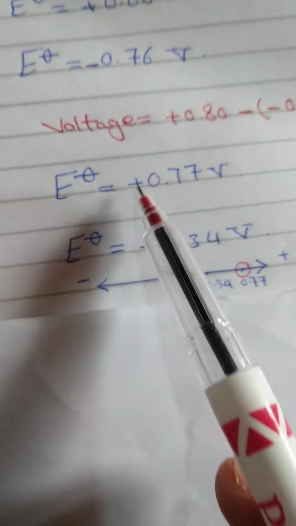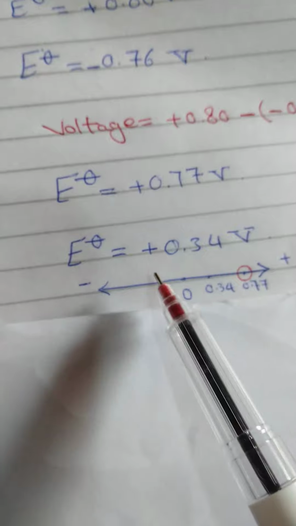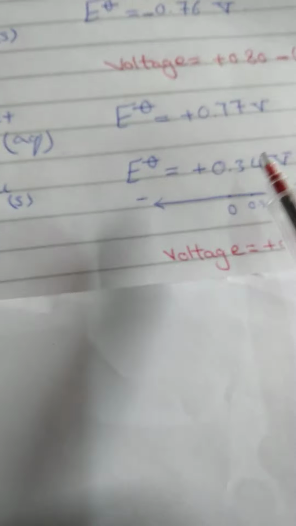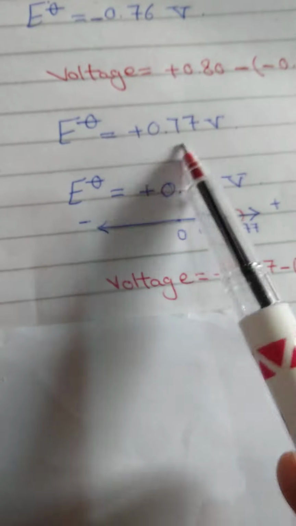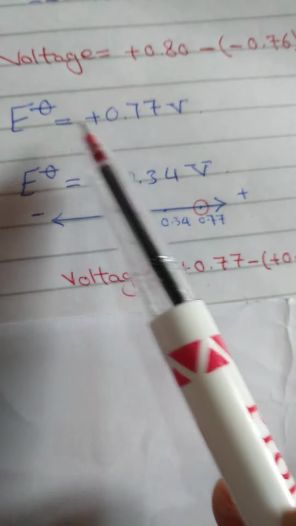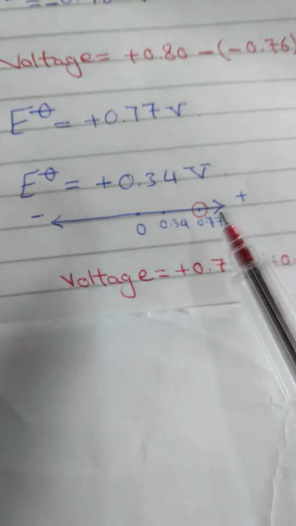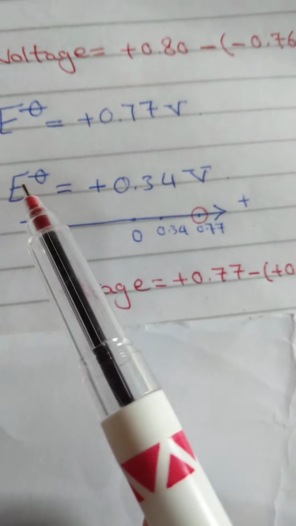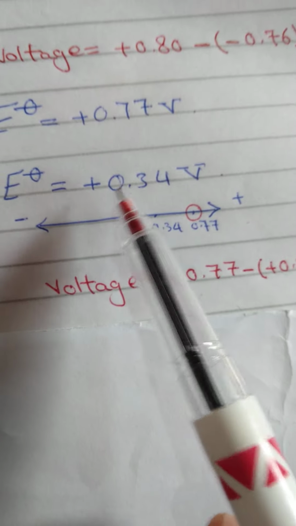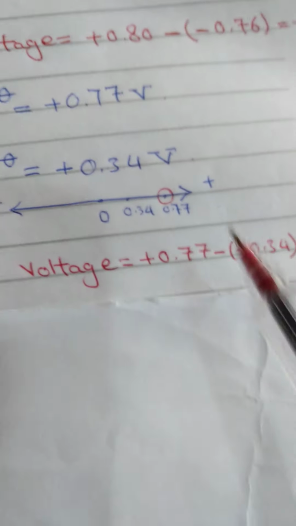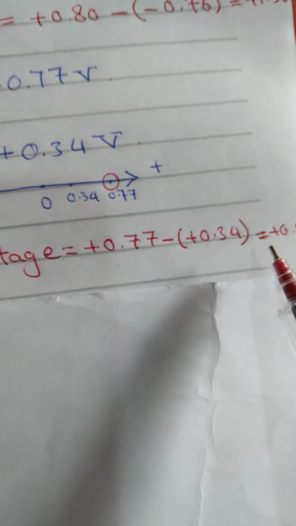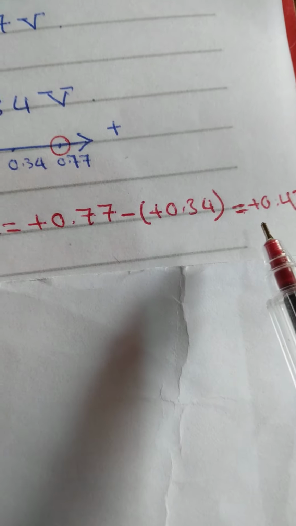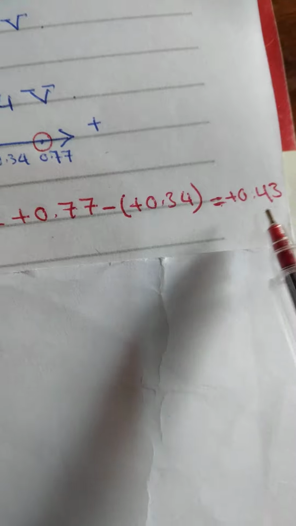If you don't know which is more positive or less positive, you can use the number line, it's easy. So the net voltage is the E standard of the more positive system, 0.77, minus the E standard which is less positive, 0.34. So the net voltage produced by this electrochemical cell equals 0.43 volt.